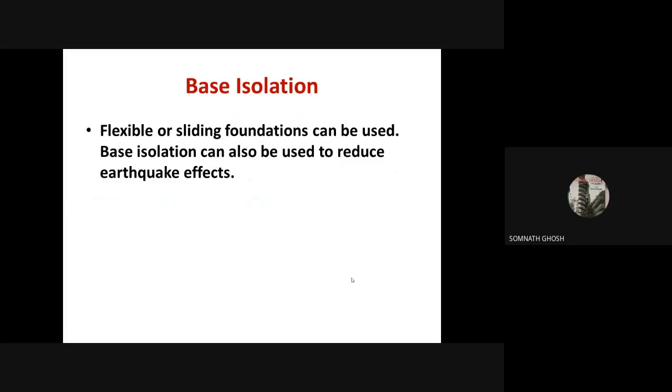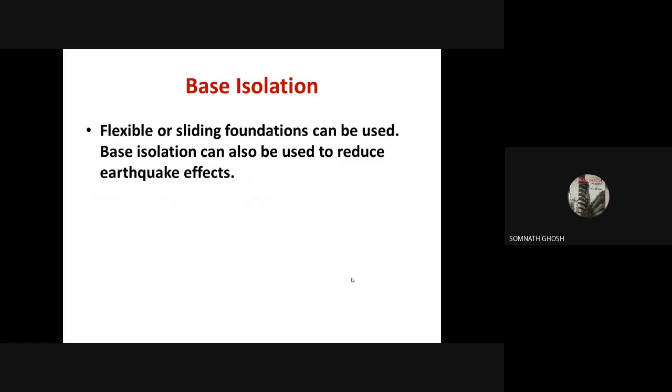And base isolation can also be used to reduce earthquake effects. Not in India, but in the US or in other countries, all these things are mechanized and computer controlled. So when an earthquake comes, it automatically takes care of these things.